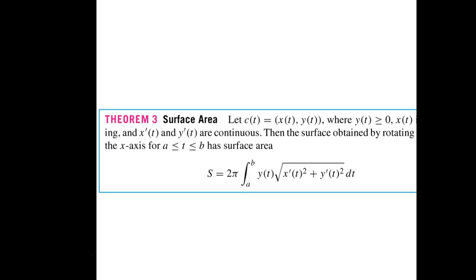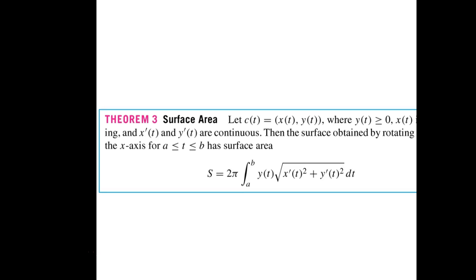Let's look at it. Capital S is surface area, little s was displacement. Capital S, surface area, is 2 pi times the integral of y of t times, does that look familiar? Right. That basically was the speed, wasn't it?